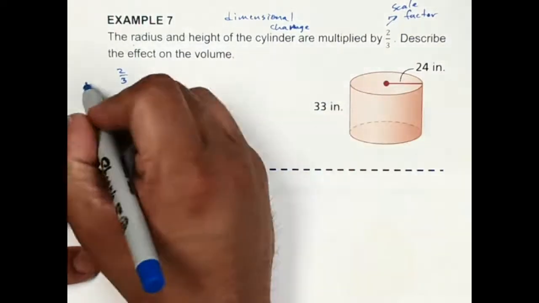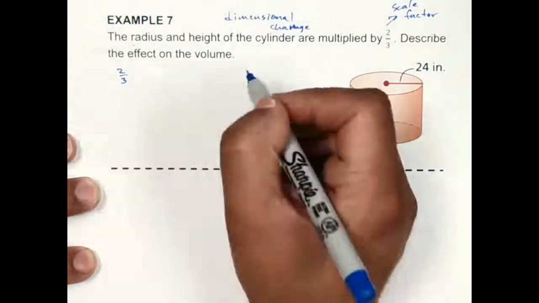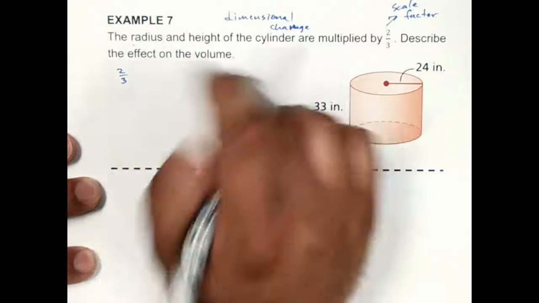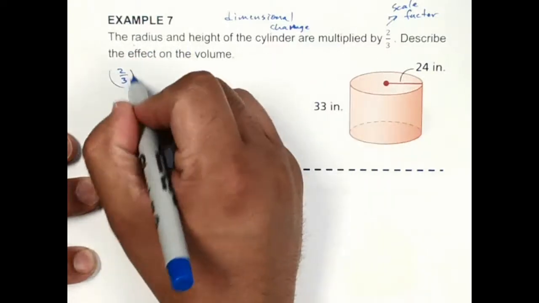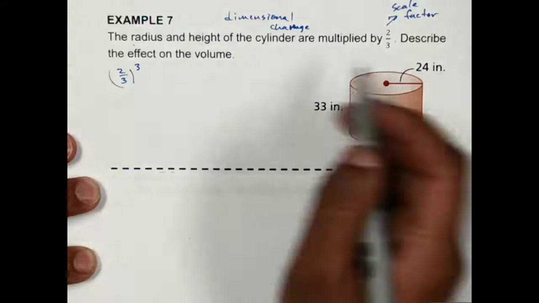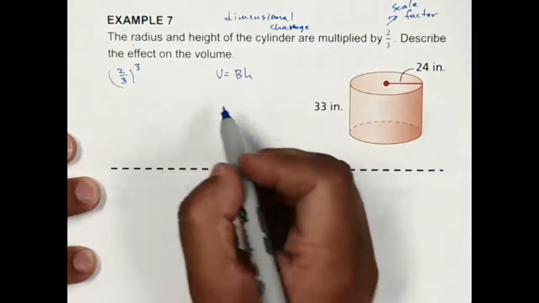Now if I'm talking about area, then I would square my scale factor times my area. So with volume, I'm going to actually cube it, take it to the third power, times my original volume. So for this, I'm going to go ahead and calculate the original volume.